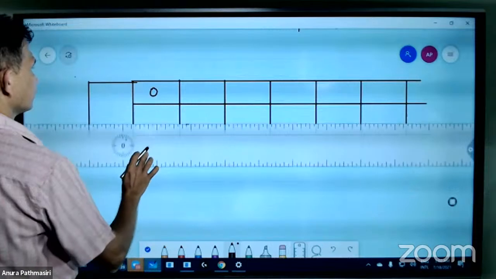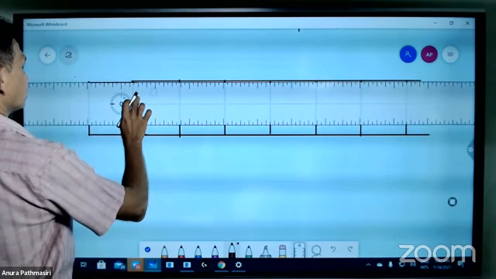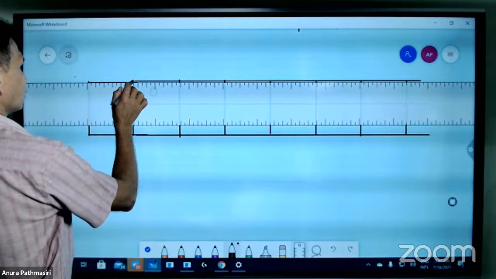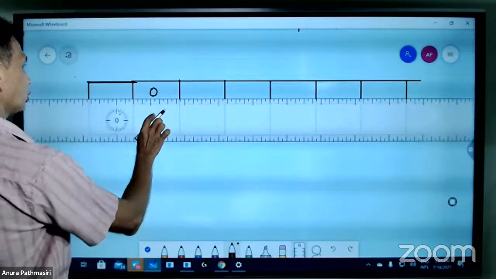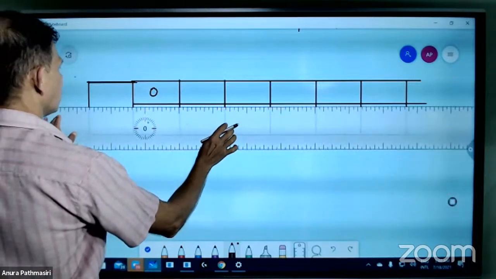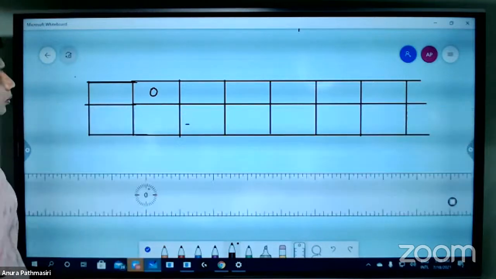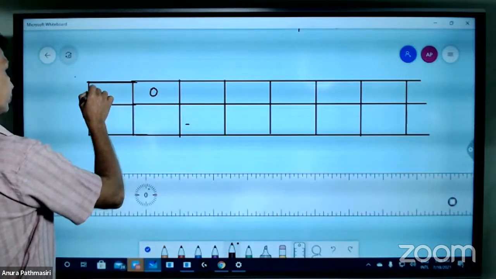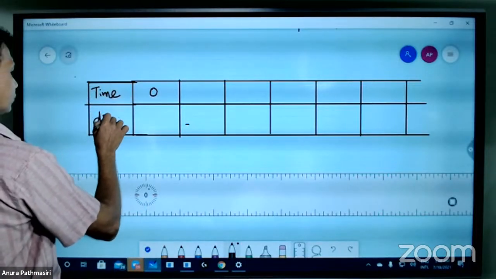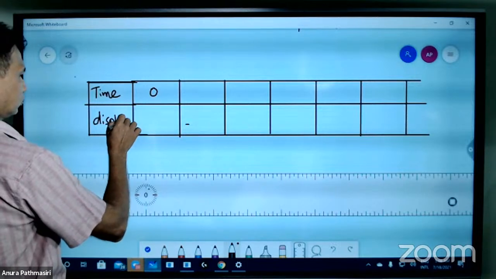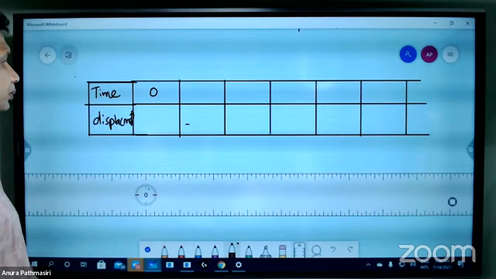This is time, and this is displacement. So you got the time and displacement.